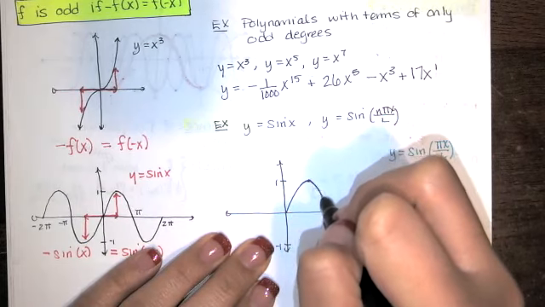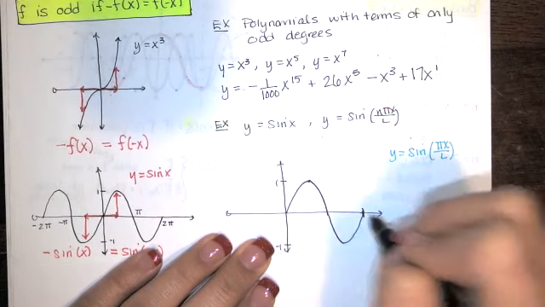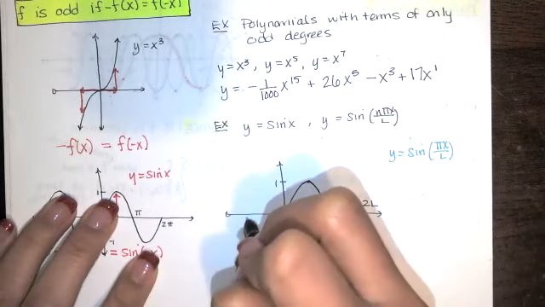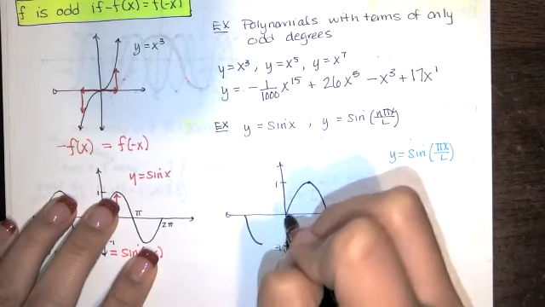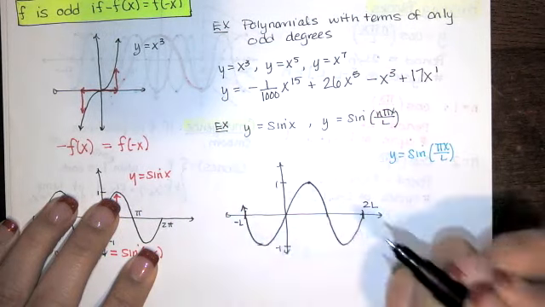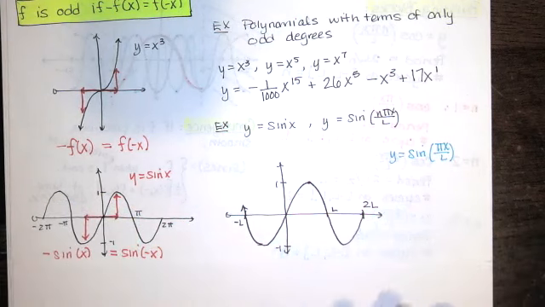It's going to look like that familiar sine wave, except instead of repeating every 2 pi, it repeats every 2L. So negative L there, 0, L, 2L, and so on. And we keep going.